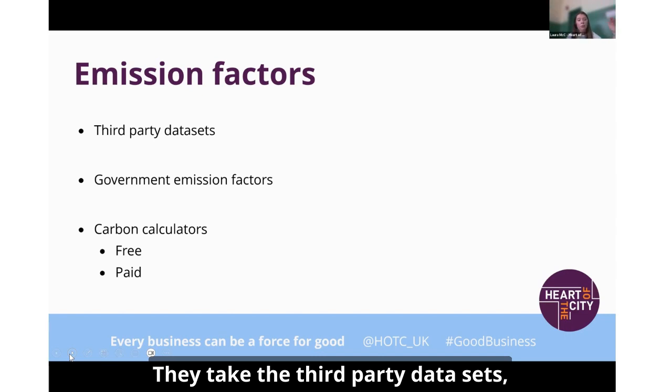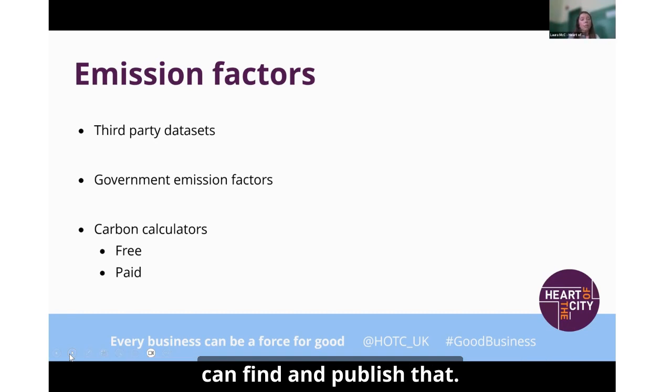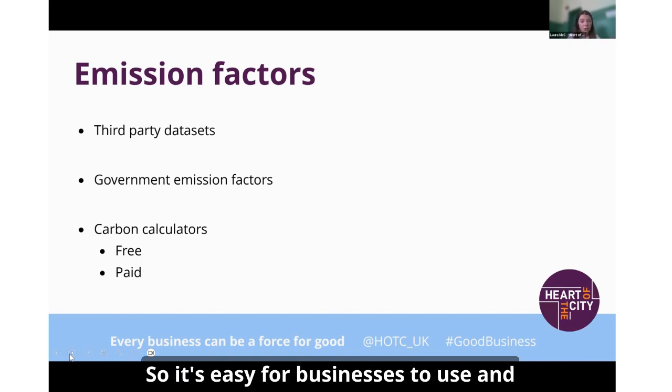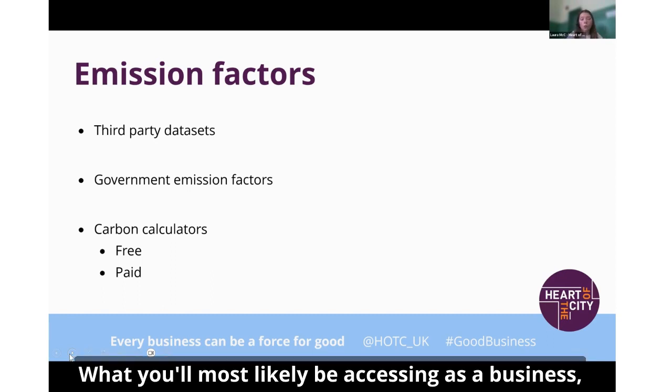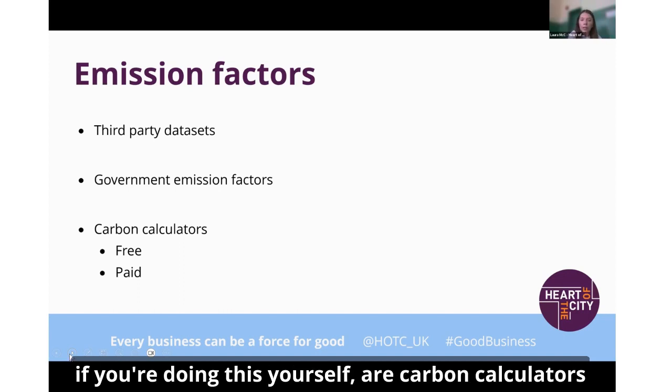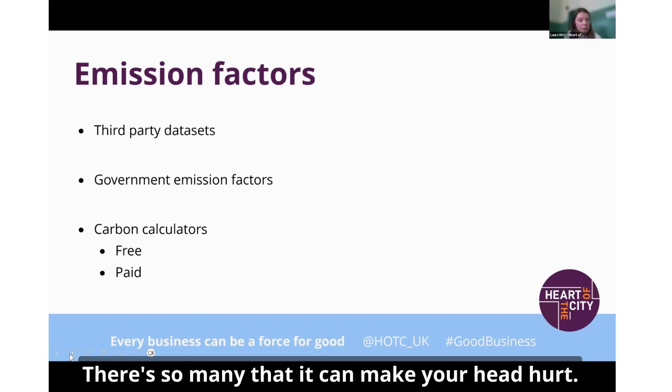They take the third-party data sets, white papers, resources, all the information they can find, and publish that so that it's easy for businesses to use, and it's a really detailed emissions factors spreadsheet. What you'll most likely be accessing as a business if you're doing this yourself are carbon calculators, and there are hundreds, if not thousands of them out there. There's so many that it can make your head hurt.